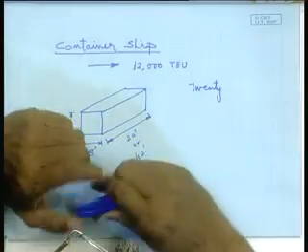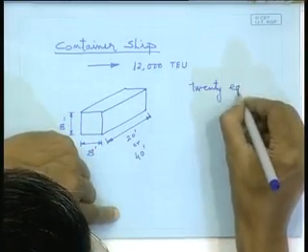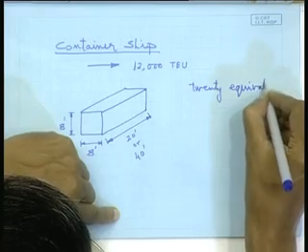So, in the process, what happens? For the general cargo carrier or bulk carrier, we talk about carrying capacity in terms of tons of deadweight, 12,000 tons, 60,000 tons, like that. Whereas for containers, we talk in terms of TEU, twenty-foot equivalent unit.